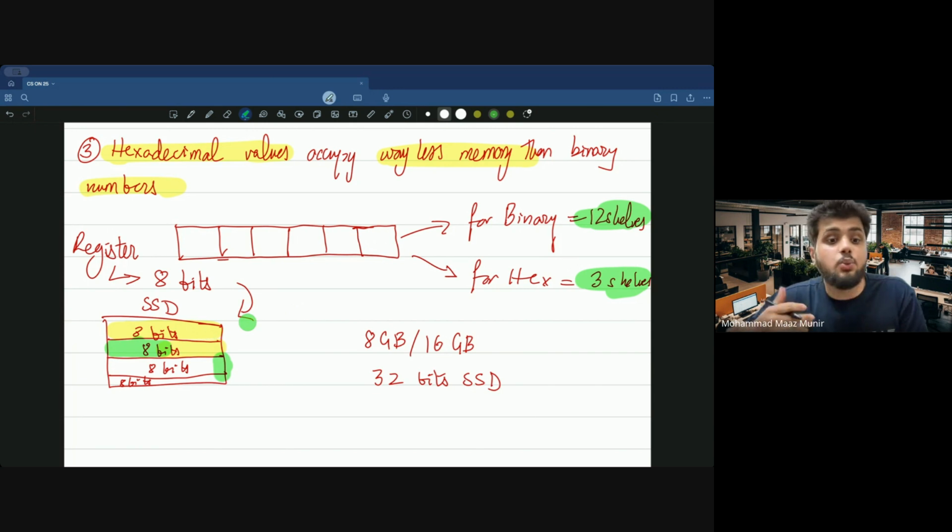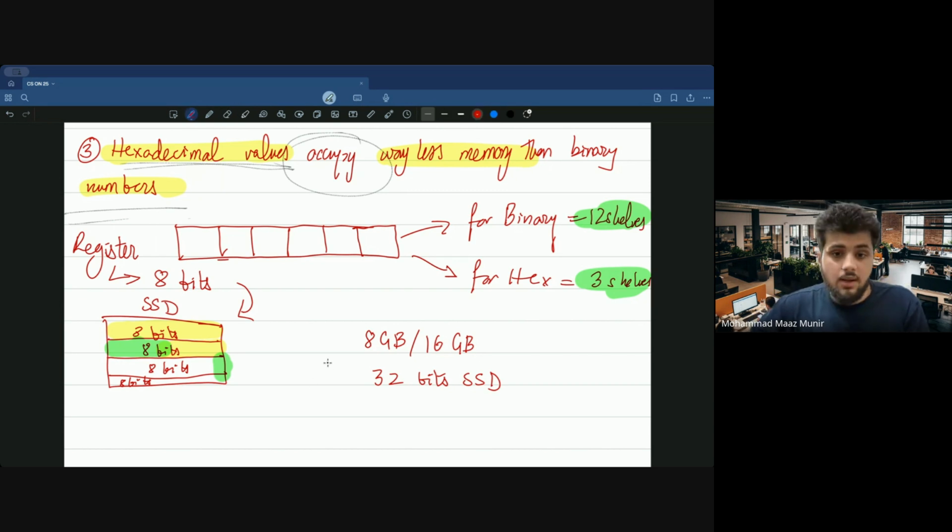The yellowish part is way more than the greenish part. So hexadecimal values occupy way less memory than binary numbers, which is a very big benefit for computers, because you are trying to minimize the storage being used.